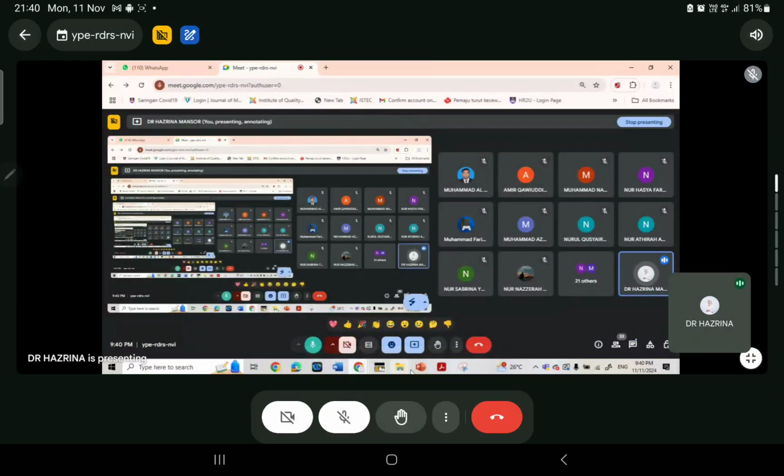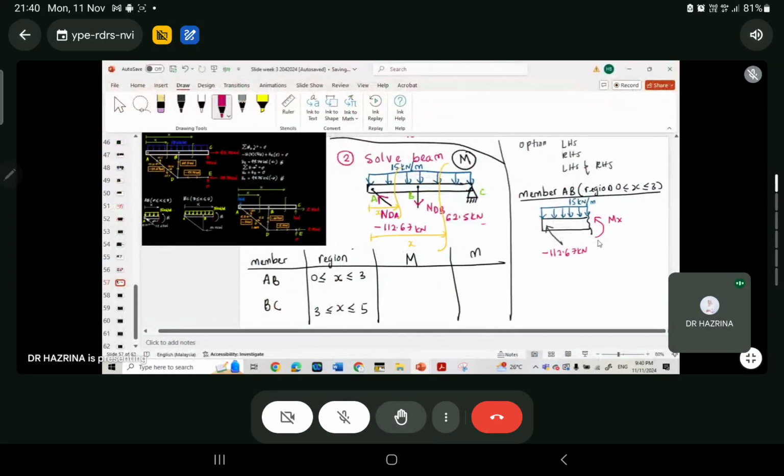So did you get what is the equation for those particular moment? Dapat dah? Berapa equation you dapat ni?